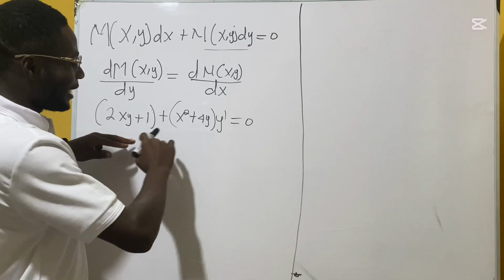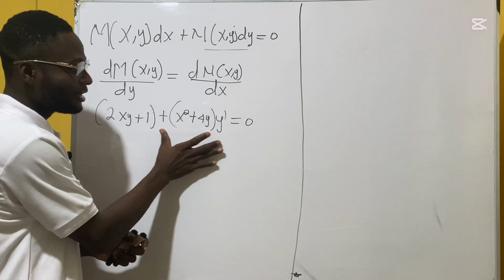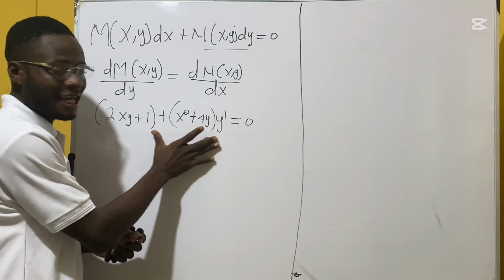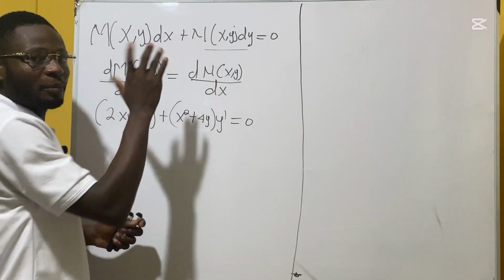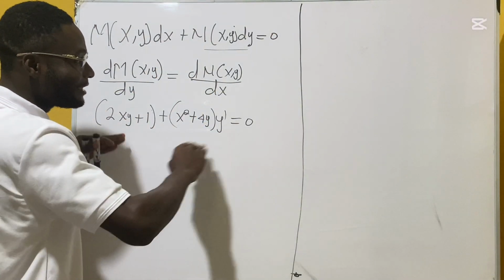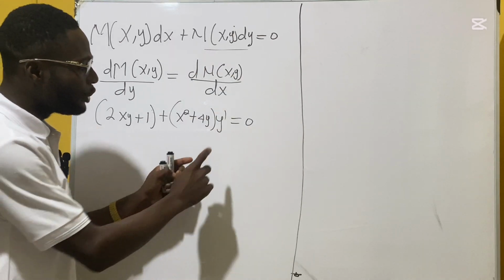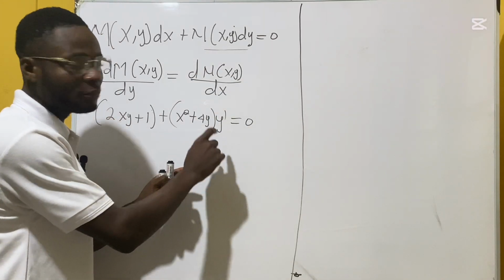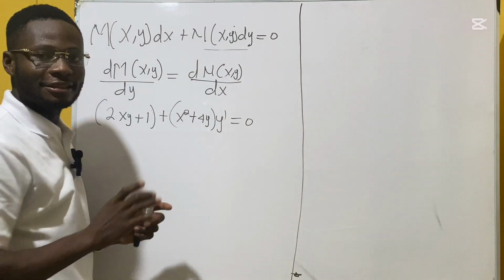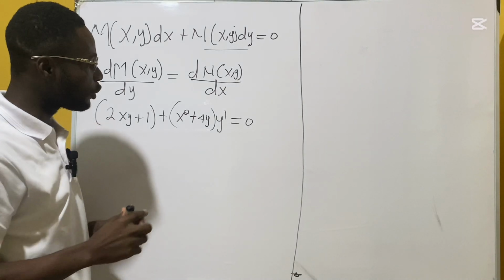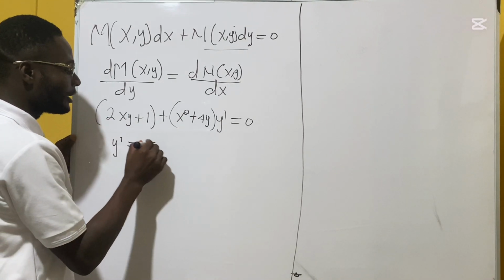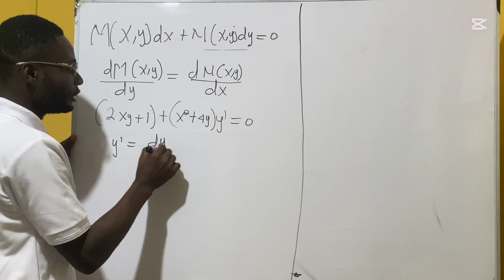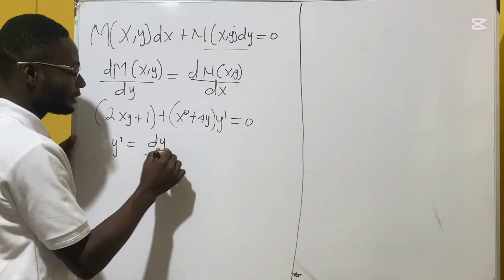Right here, we can notice that this equation is identically of this form, but we have to change this y prime for it to look like this exactly. Here, y prime is basically equal to dy over dx, right?